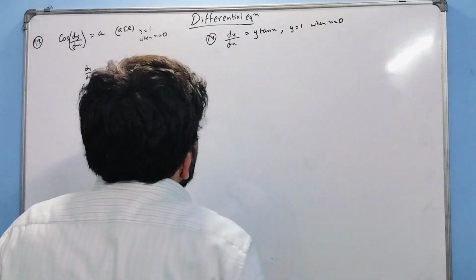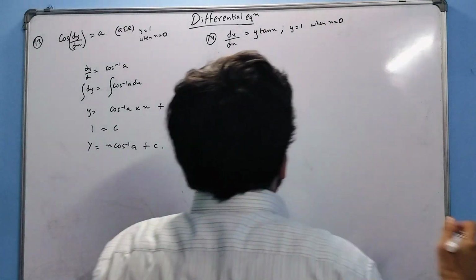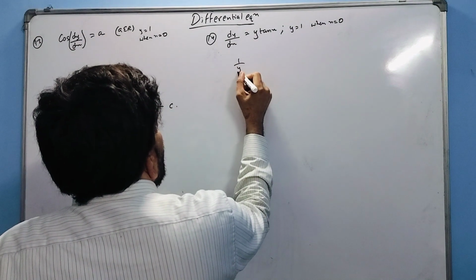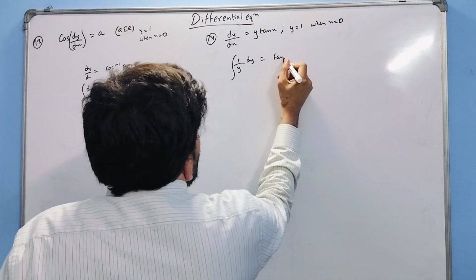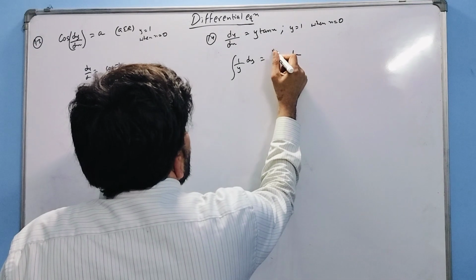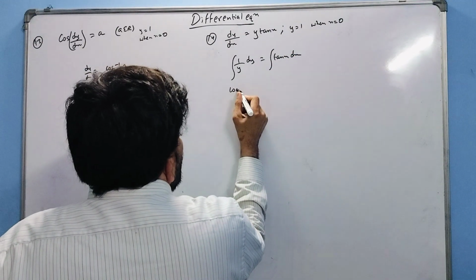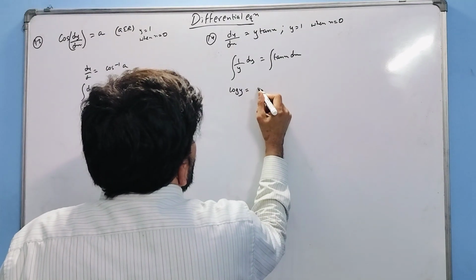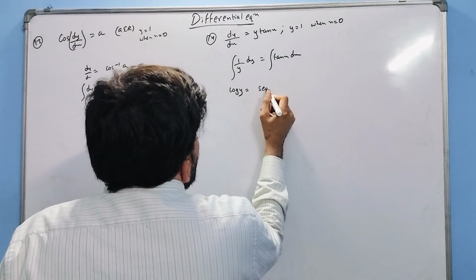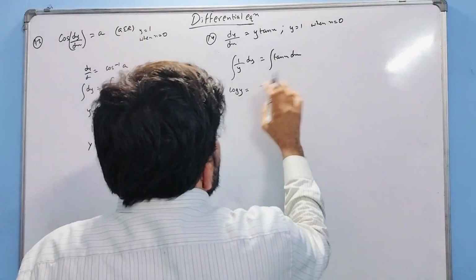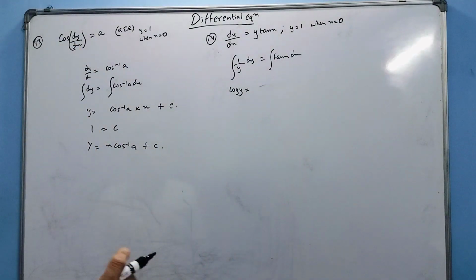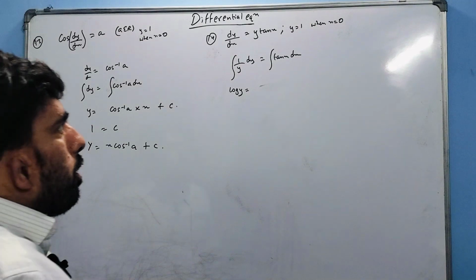Now what I can do, (1/y) dy is equal to tan x dx. Now we know that log y is equal to the integration of tan x. We know that the differentiation of tan x is sec square x. So now we have here tan x.